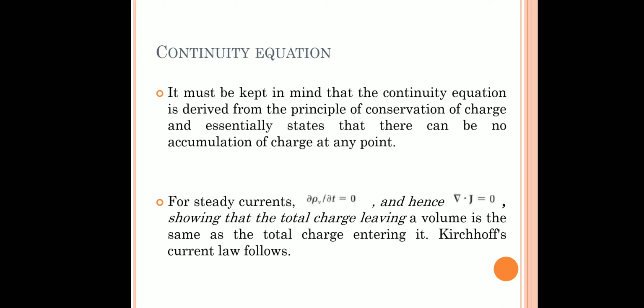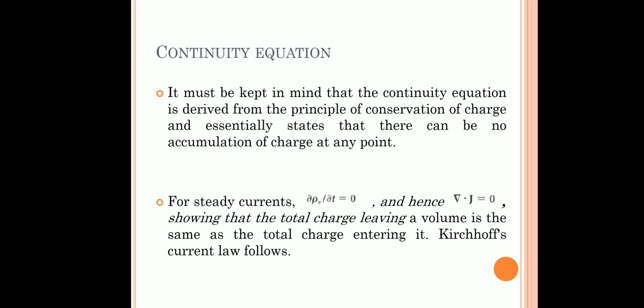So we can see one more point. For steady current, dou by dou t of rho v equals 0 and hence del dot J equals 0, showing that the total charge leaving a volume is the same as the total charge entering it, that is, Kirchhoff's current law follows. So remember, this continuity equation is the mathematical statement of the law of conservation of charge for a time varying system, and for a steady system dou by dou t of rho v becomes 0, then del dot J equals 0.